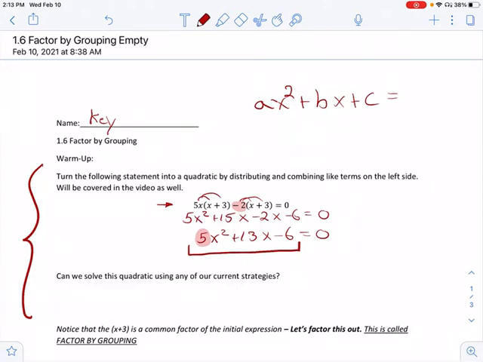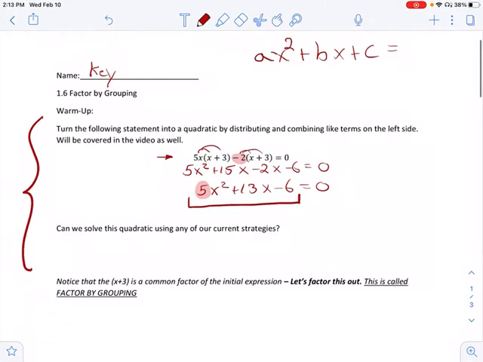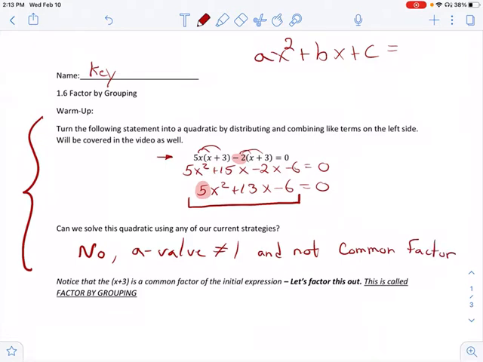But in this case, I can't. So this is as challenging as factoring quadratics is going to get. Can we solve this quadratic using our current strategies? No, our a value does not equal 1, and it's not a common factor of the rest of this. So I can't solve it with any of my current strategies, but that's why we're about to learn a new one.